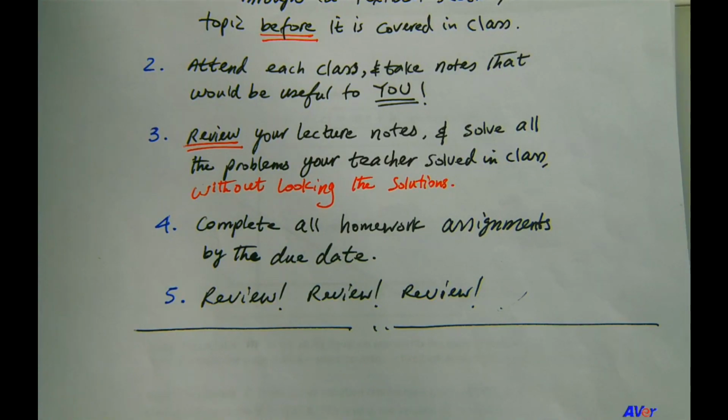So these 5 points that you see are the way to study mathematics and any quantitative subject. Any of your quantitative classes that you're taking. It might be a marketing class, it might be a finance class, an economics class, a physics or a chemistry class. In all those quantitative classes, this is the way to study. You read the section before it's covered, then you work out the problems on your own without looking at the solutions. Complete the homework and review the material again.